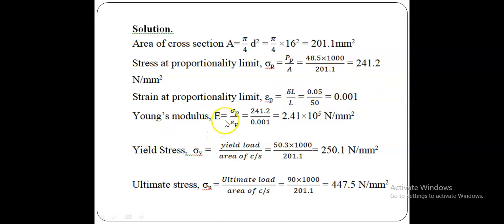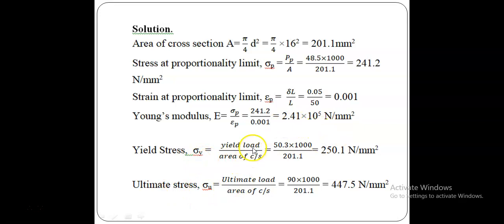Then Young's modulus E can be determined by knowing stress by strain. We know the stress and the strain at the proportionality limit. So these are all within that linear straight line portion, and therefore E can be found using this relation, that is stress by strain. Yes, it comes to 2.41 into 10 power 5 Newton per mm square.